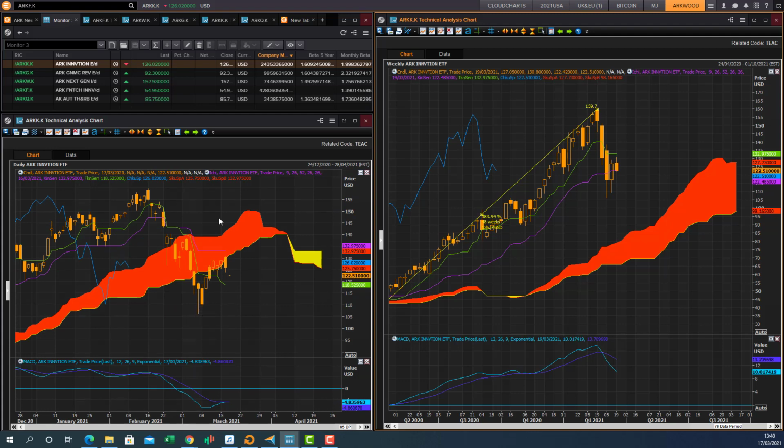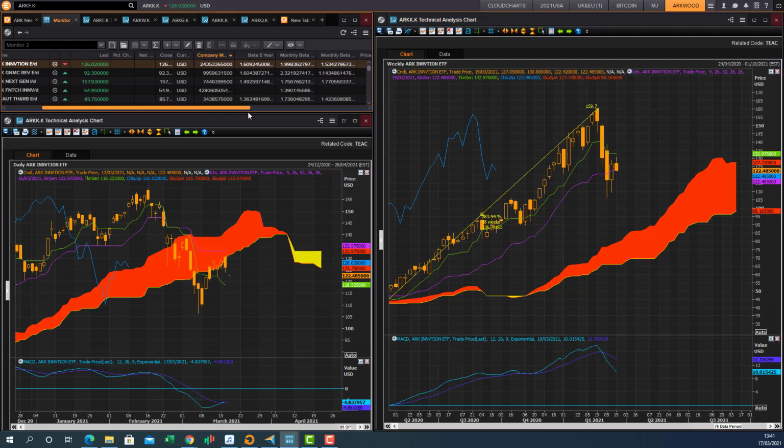Now, interestingly enough, the monthly beta, the 5-year beta, is about 1.6. So do remember, if the market drops 1 unit, basically the ETF should go down 1.6, a little bit more volatile than the standard market. So you can expect quite volatile sessions.